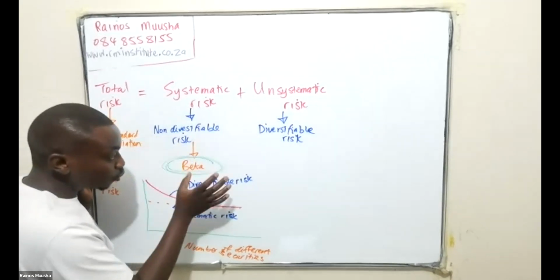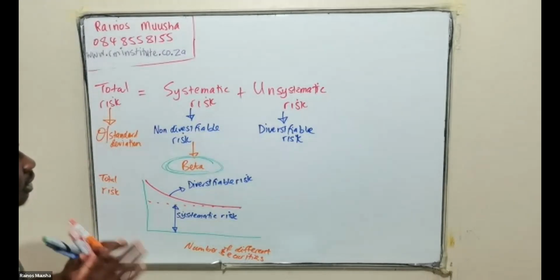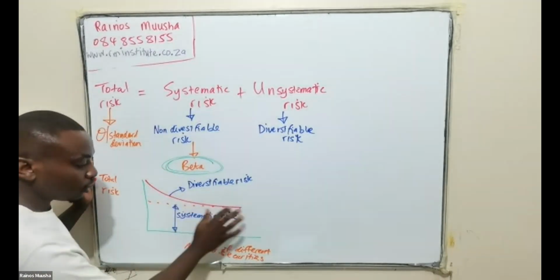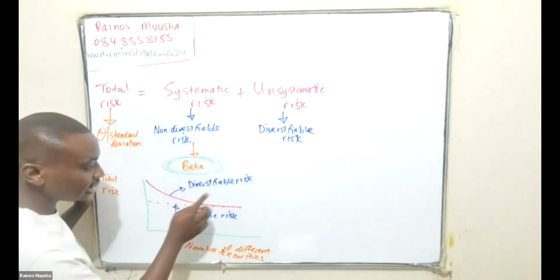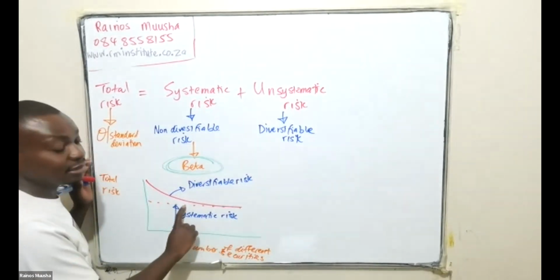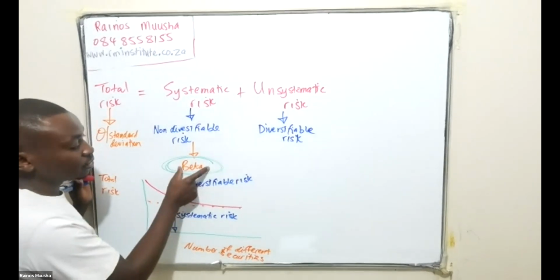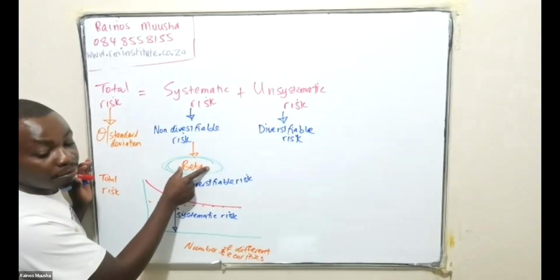You just need to know that the idea of your credit portfolio is that you need to diversify your portfolio risk to such an extent that your diversifiable risk falls away and you're going to be left with what? Systematic risk. And how do you measure this systematic risk? Your systematic risk is measured by beta.